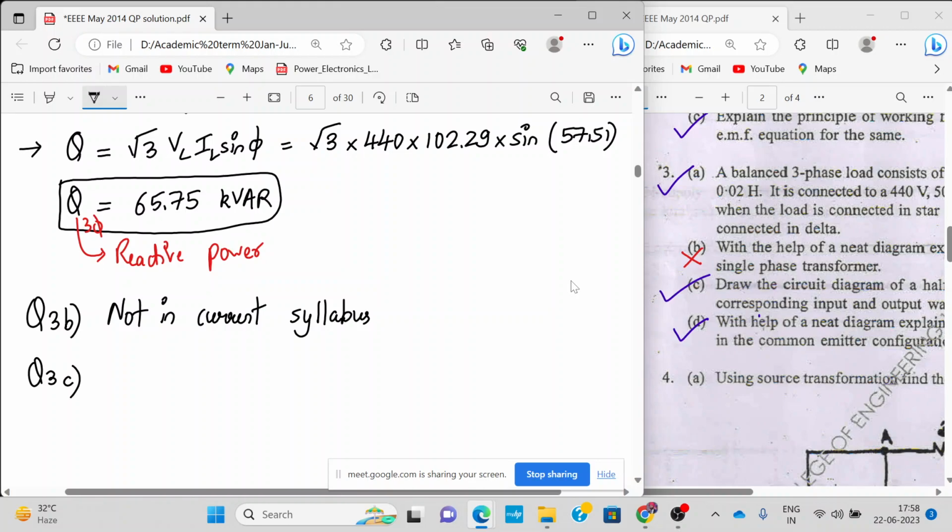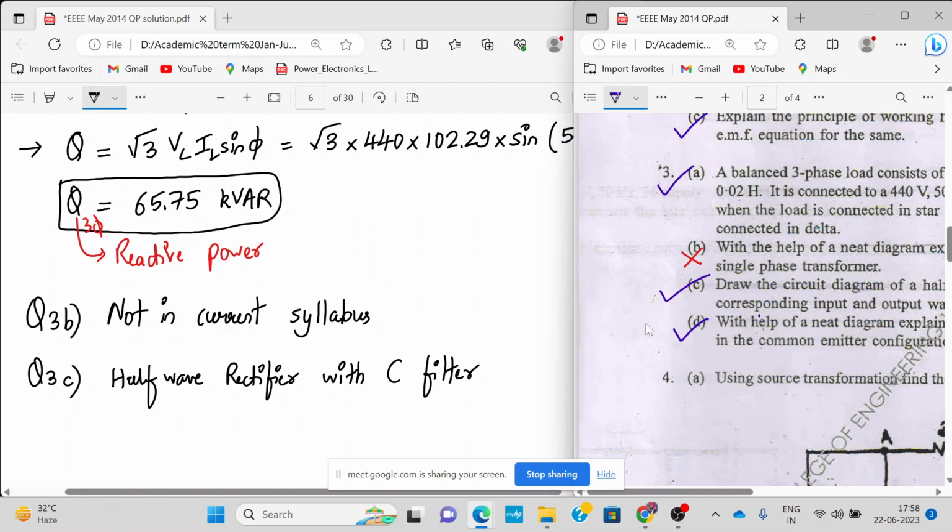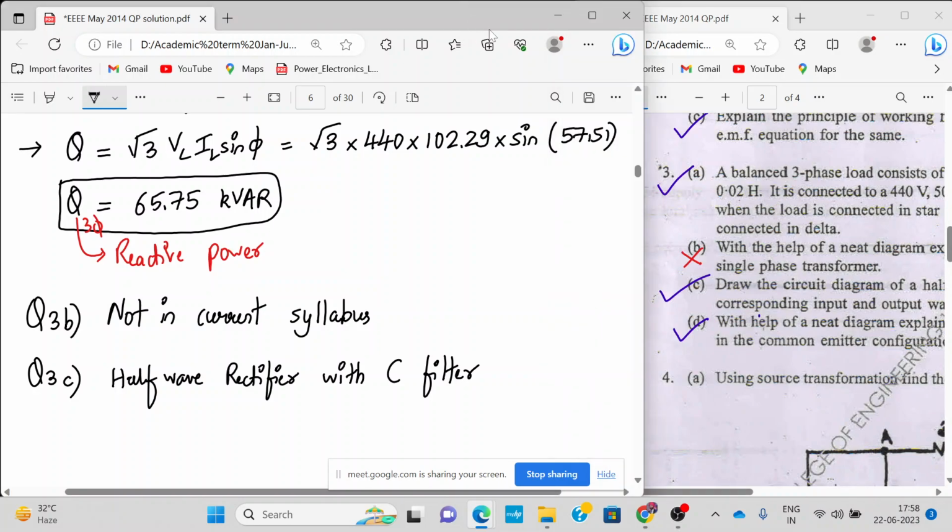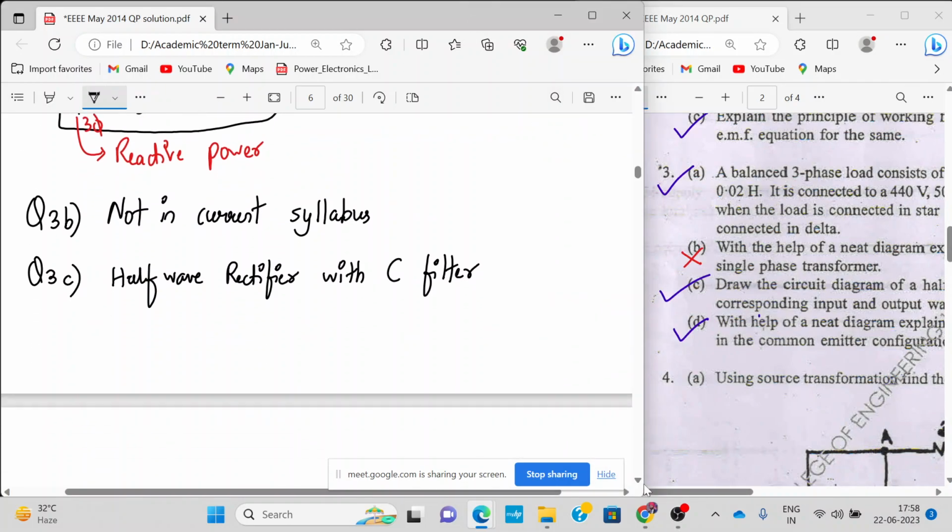3C, we have a half wave rectifier with C filter. Again, circuit diagram, input output waveforms are asked. Okay, so there are standard marks for it.